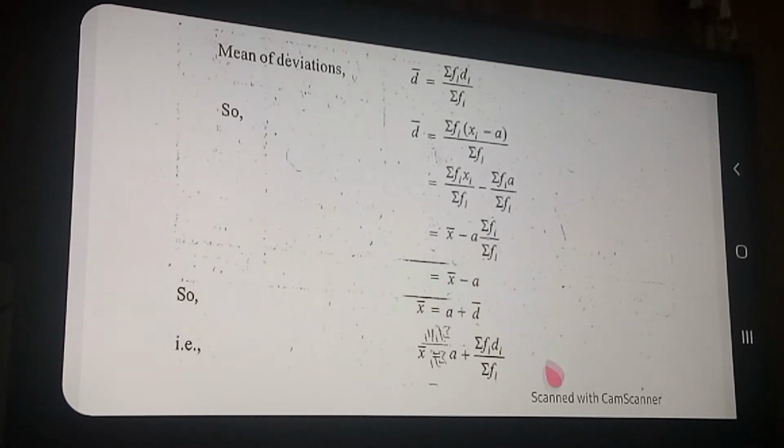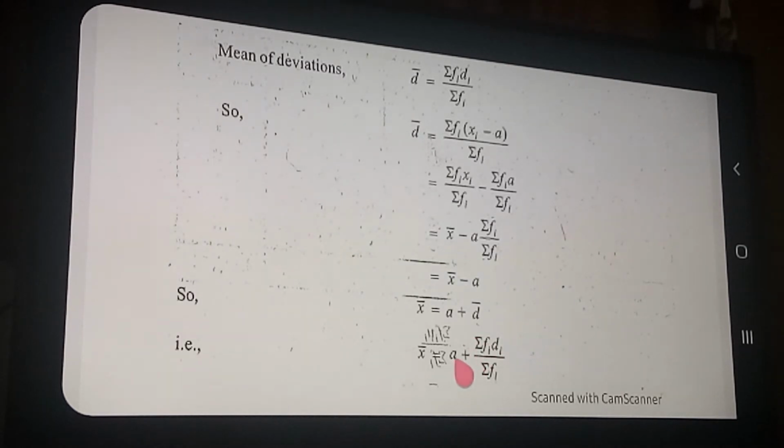So what is the formula for the assumed mean method? Once more, you recollect: x bar is equal to a plus sigma fi di by sigma fi. Here, which points do you want to make? First the classes are there, then you need the mid value, then fi, then the di column, then the fi di column.